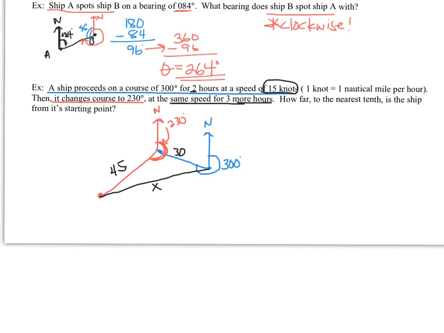So we're going to figure out some information about this picture and use law of sines or law of cosines to solve. But this is as far as we're going to get today. Our goal in the next couple of days is to create triangles and then find some information about those triangles before we use those laws to solve.